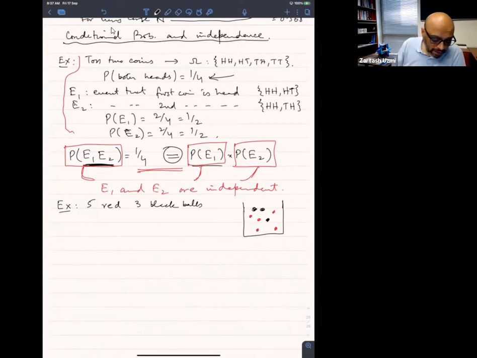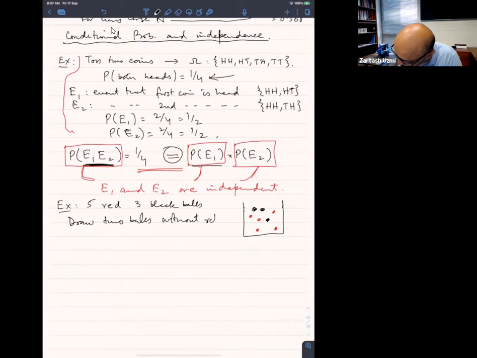So we draw the balls randomly. Draw 2 balls without replacement. Without replacement means do not put the first ball back into the bin before drawing the second one.